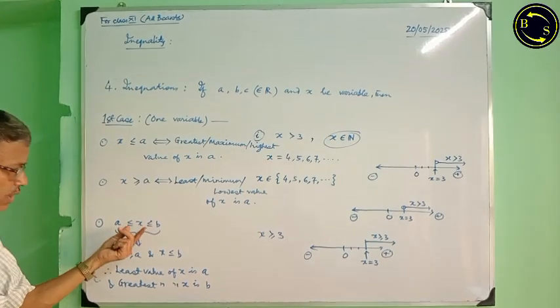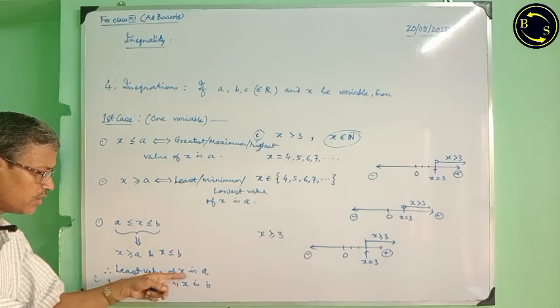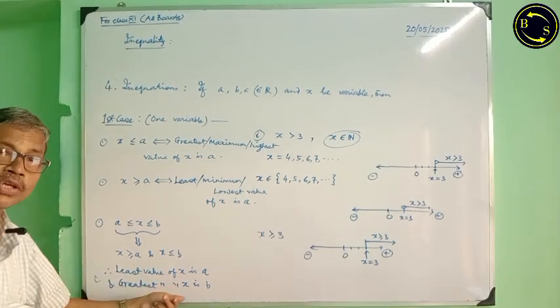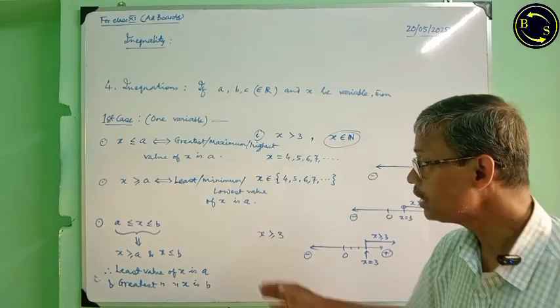Thus, if we get this inequality, meaning is least value of x is a and greatest value is b, and x can take values within a and b.